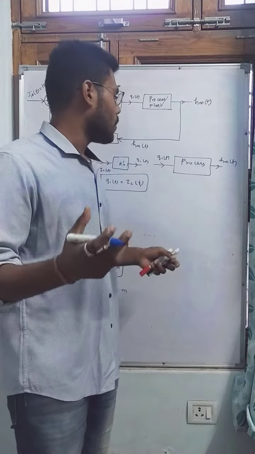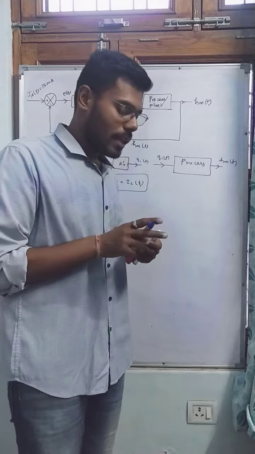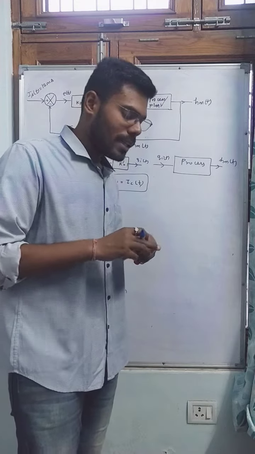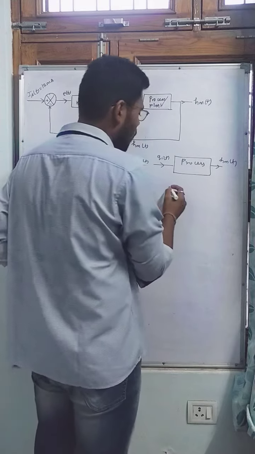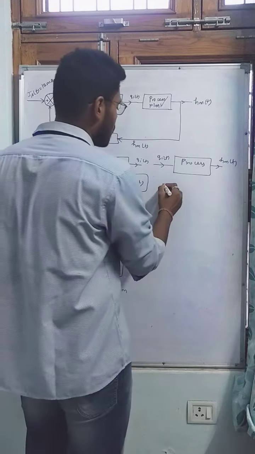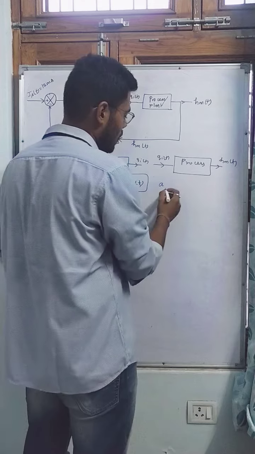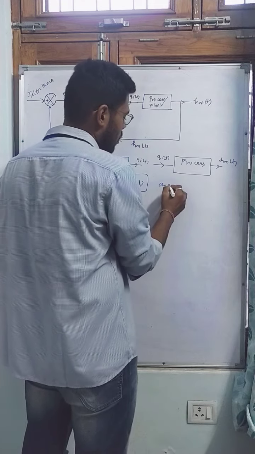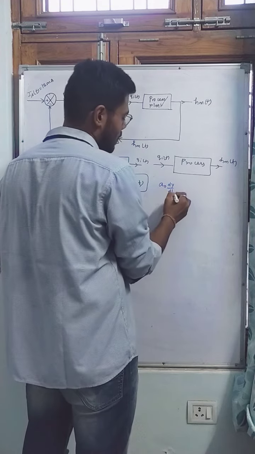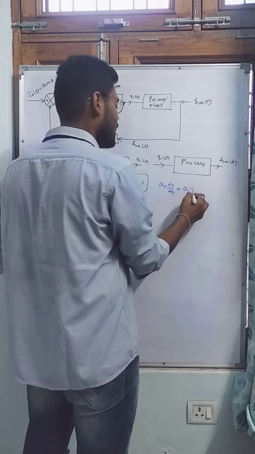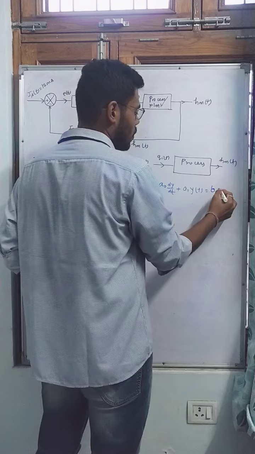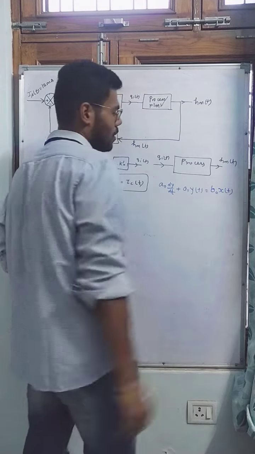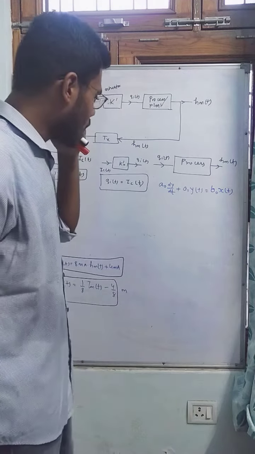In a liquid level process, to maintain a liquid level in a tank or in a boiler, it is simply a first order process. So what is the general equation of a first order system? A naught dy by dt plus A1 yt equal to B naught xt. Yes or no? This is the general equation for first order in time domain.